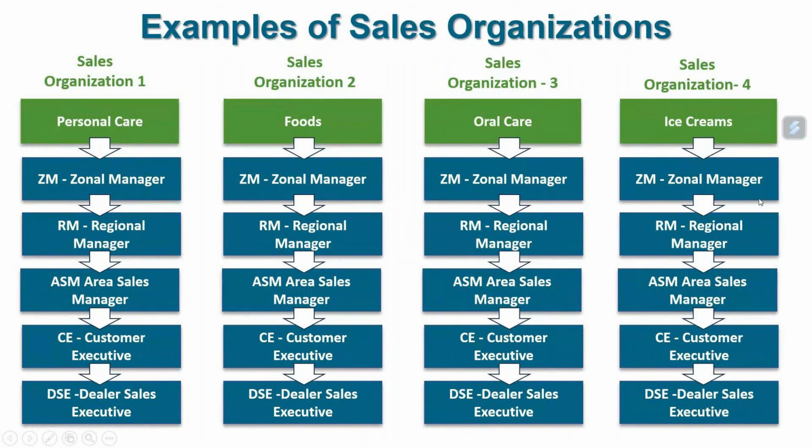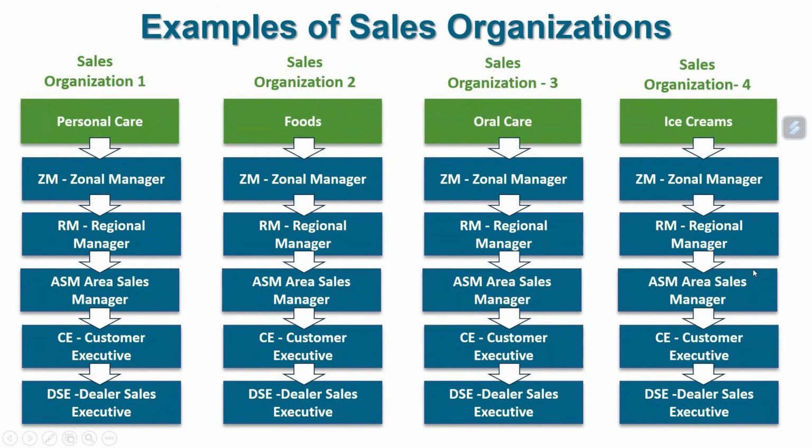As ZM normally heads the sales office, if you want to look at his sale, you can look at the sale for the sales office. RM is normally responsible for the sales group. So if you want to have a look at that sales group, you will look at the sale of the regional manager. And then you have the ASM.